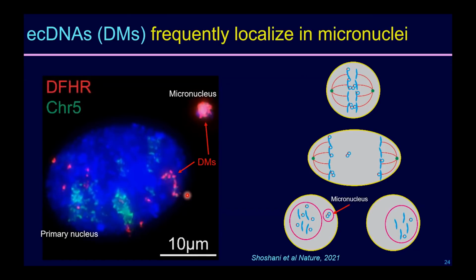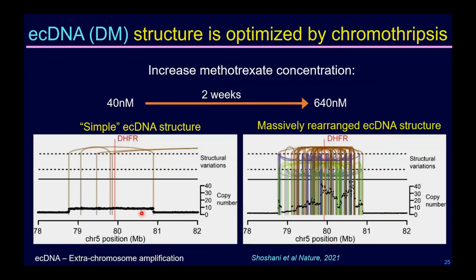So they're not being passively translocated during mitosis along with a chromosome to which they're tethered, but the untethered ones will not join the bulk mass and will form their own micronuclei. And when they're in micronuclei, they're substrates for new rounds of chromothripsis. And indeed, that's exactly what happens.